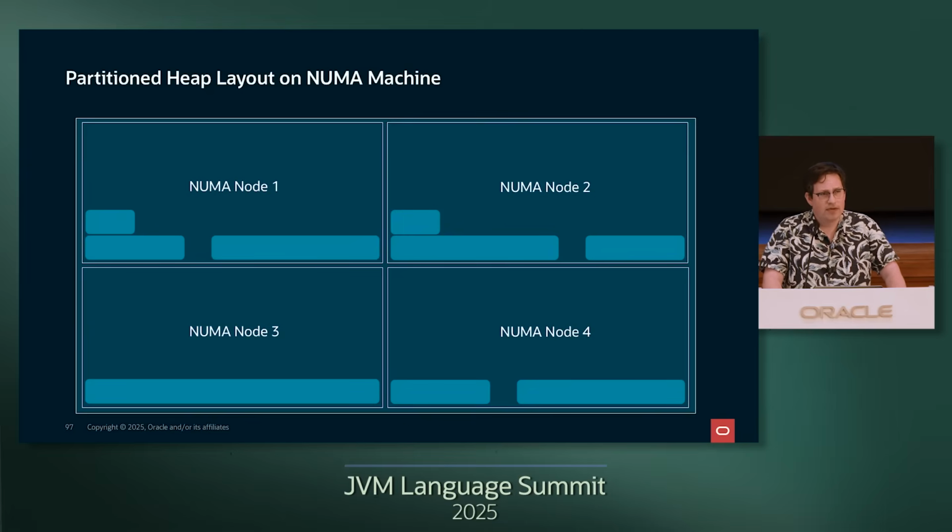So in this case, let's say we have 4 different NUMA nodes. We have more explicit tracking now of where memory is mapped. And we call this heap partitions. Here we have 4 different partitions of the memory corresponding to the different NUMA nodes, and it allows us to allocate memory close to your current NUMA node. Makes sense?